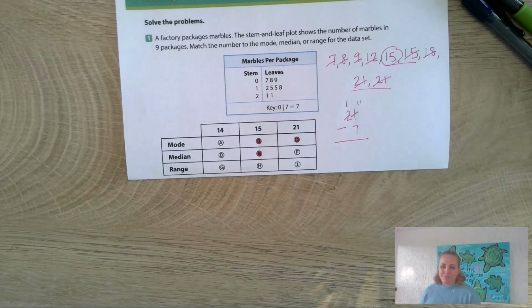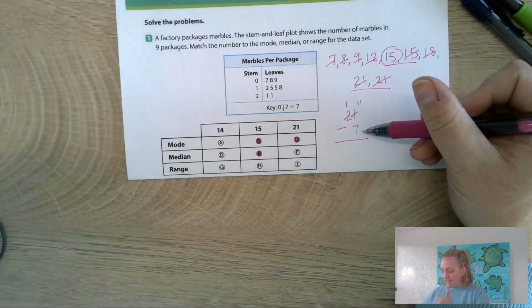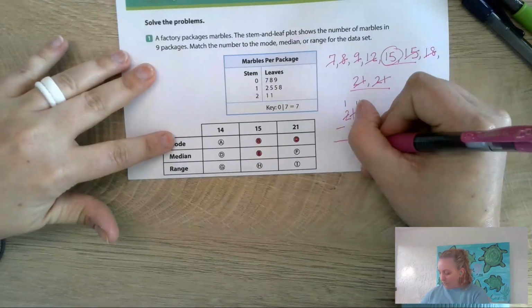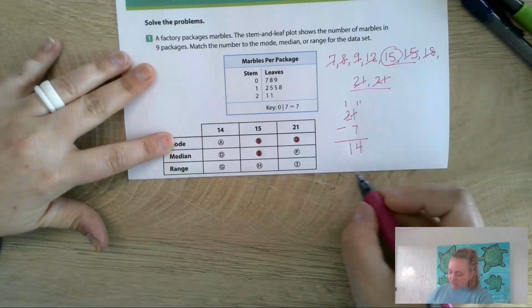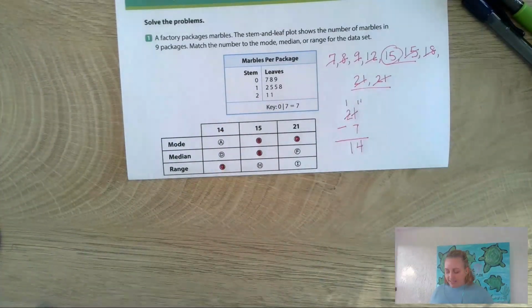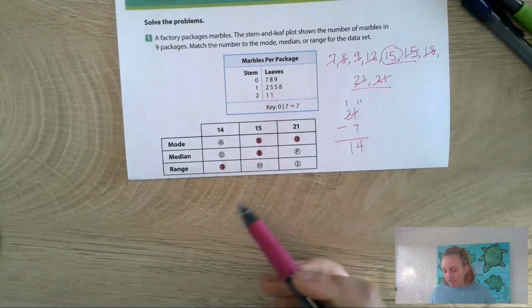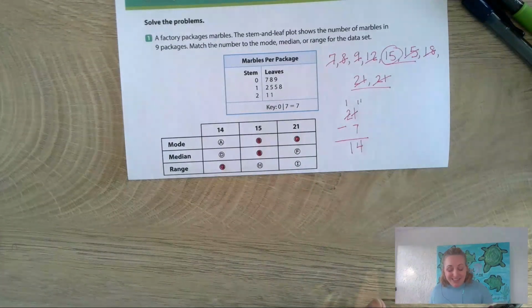So that's why it's so important that you know all of these things. 11 minus 7 is 4, and 1 minus nothing is 1. So my range is 14. If I had this and I had to click them, this is what I would have clicked. It's really important that you understand how to fill in those charts as well. But that is finding the median, the mode, and the range.